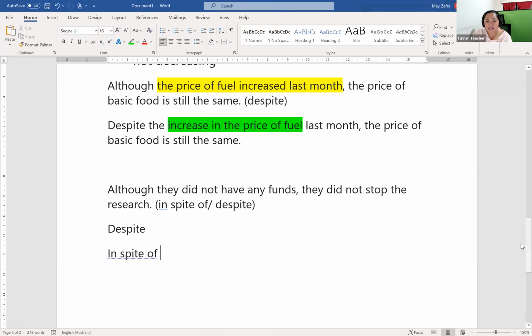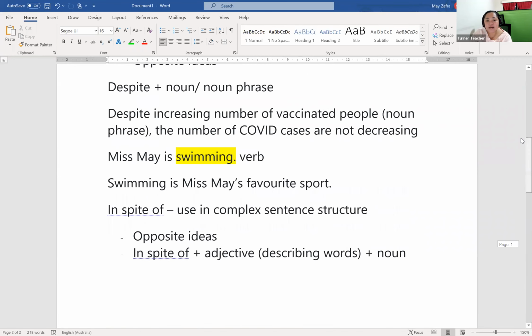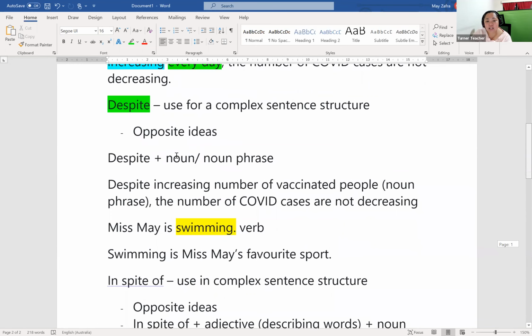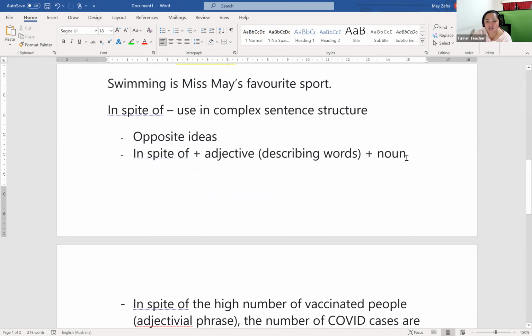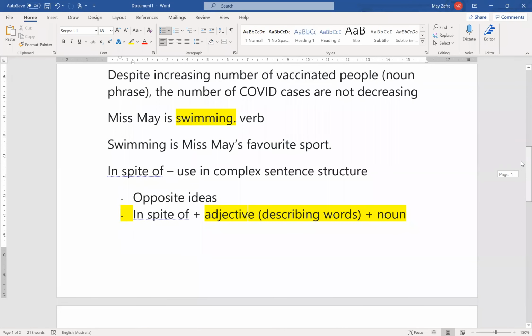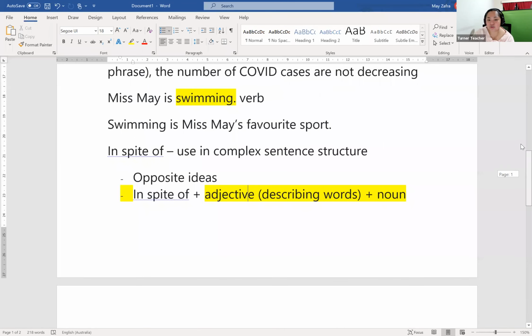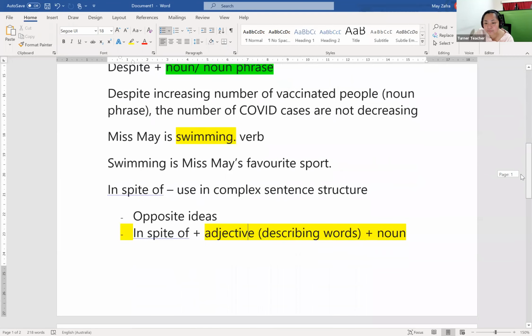So when you are writing despite, it has to be followed by a noun phrase. And when you are writing in spite of, it has to be followed by adjective plus noun. They have different ways of writing them, but the meaning is the same. That is the rule to follow.